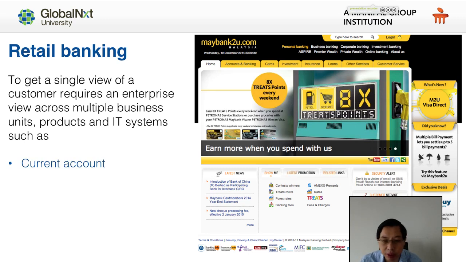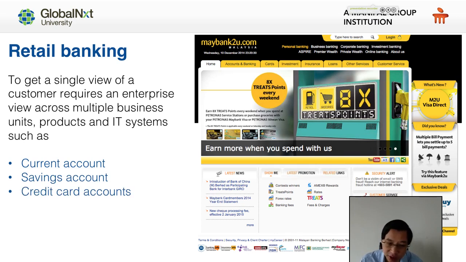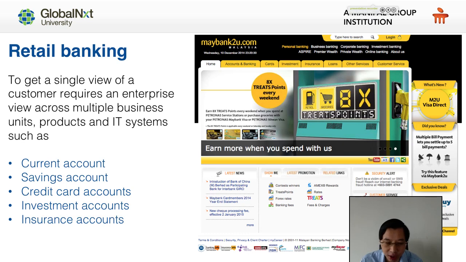So, for example, Maybank offers current accounts, savings accounts, credit cards, investments, insurance, loans. It offers a full set of financial services, and underneath, all these are supported by individual applications, but there's a need to bring this all together to provide a single consolidated view of the customer.